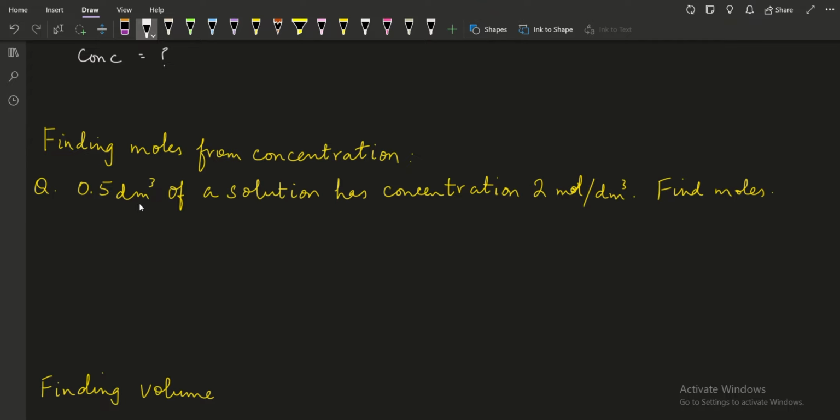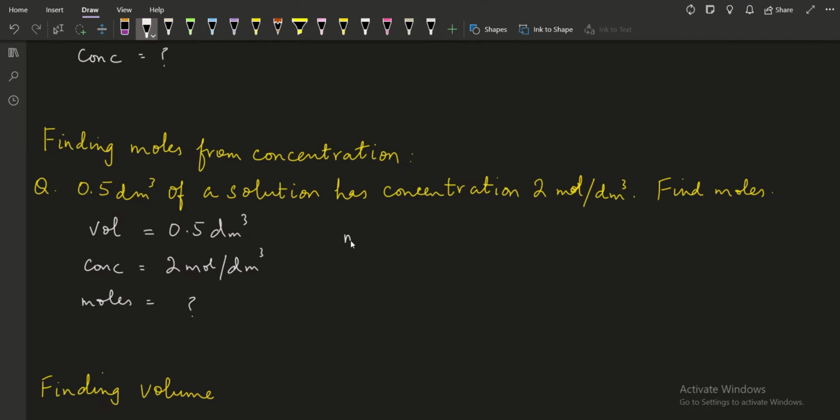Alright, next question is if you have to find out moles from concentration. Here 0.5 cubic decimeter of a solution has a concentration of 2 moles per cubic decimeter. You have to find moles. Again, write the data first: volume is 0.5 cubic decimeter, and concentration is 2 moles per cubic decimeter, and we have to find out moles.